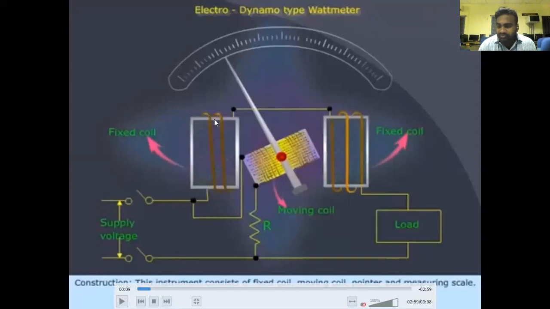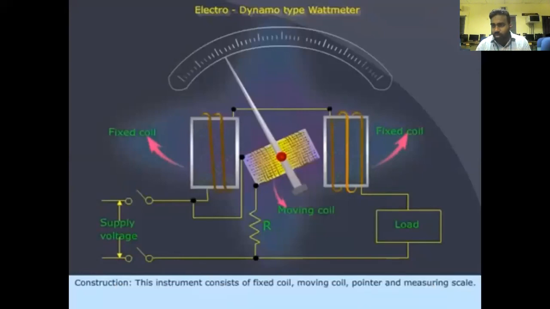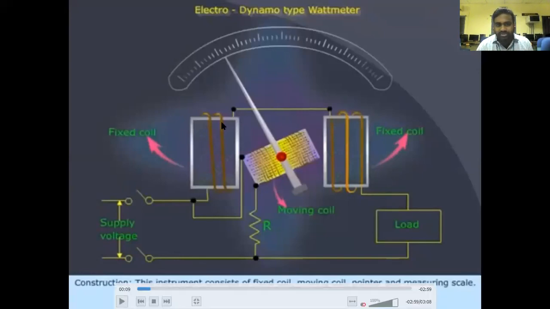The fixed coils don't move at all. They are fixed on a series line, connected in series to the supply line. The line goes in this manner, and the fixed coils are connected in series to it.